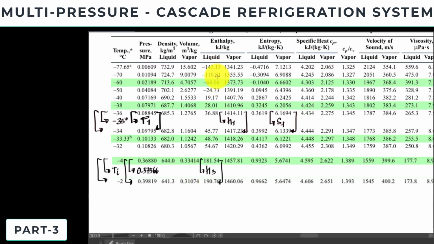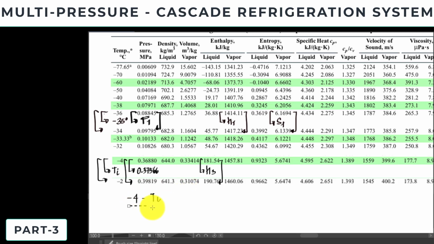Okay, so we have here liquid yan, no? So, let's try to interpolate here. So, we have negative 4 minus my temperature would be Ti.